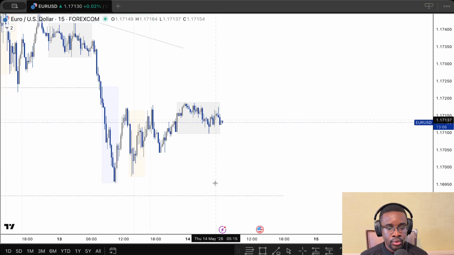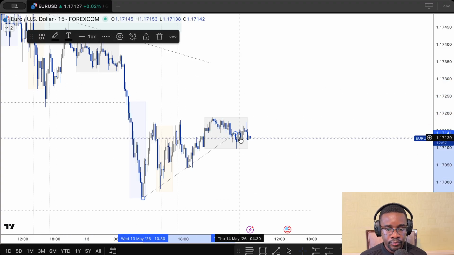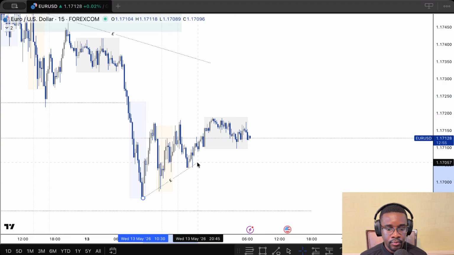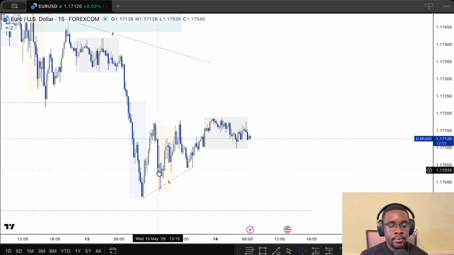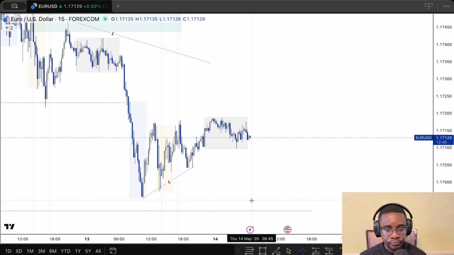Another possibility is this could be another trend line right there that's ready to be taken.